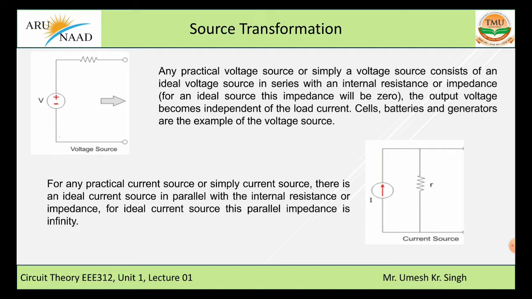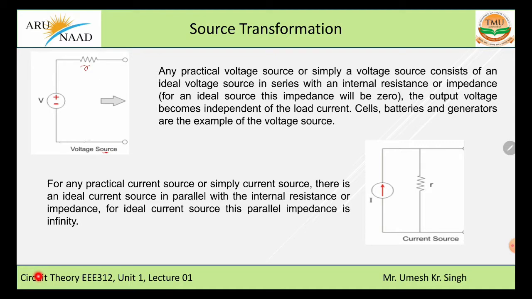So any practical voltage source, we know that the practical voltage source is represented as a voltage source, represented by plus and minus, and a resistance which is connected in series. Let us consider the resistance to be R, then the representation will be V and R. This R will be 0 if our source is an ideal source.